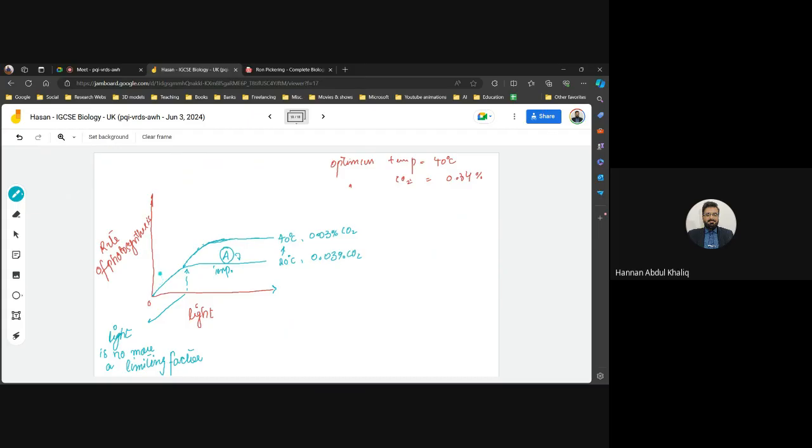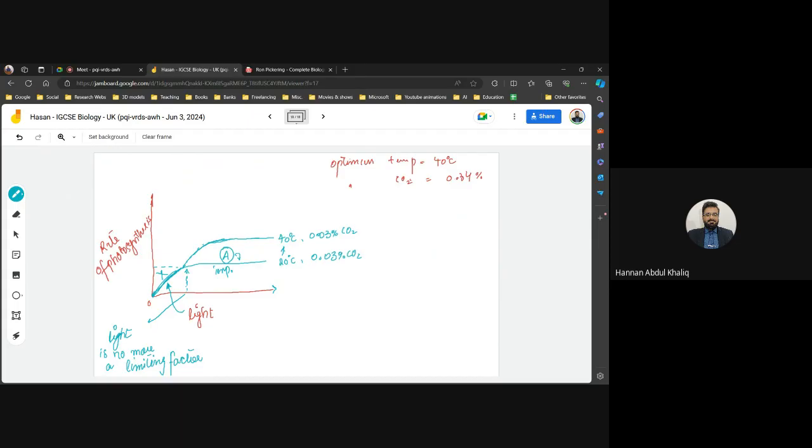But if I say that this is the point X, remember that in the very beginning, it is always the factor on the x-axis that would be the limiting factor. At the length x, any factor that is given on the x-axis would be the limiting factor within this box. Why? Because initially that factor on the x-axis was 0.